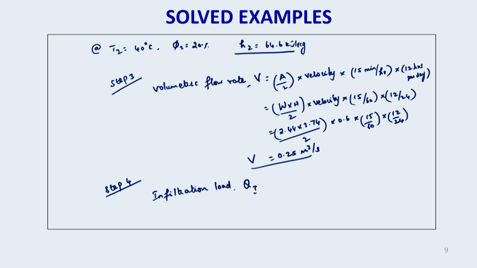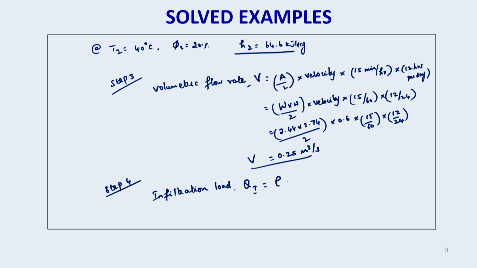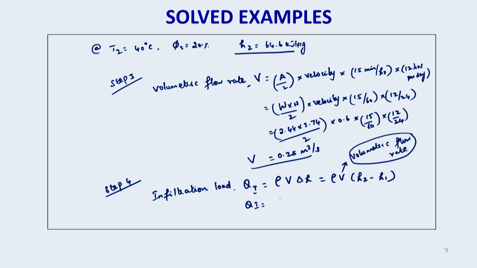That is Q suffix capital I, equal to rho into volumetric flow rate into delta H, which is equal to rho into volumetric flow rate into H2 minus H1. So substituting the values, Qi is equal to rho, the density of air.